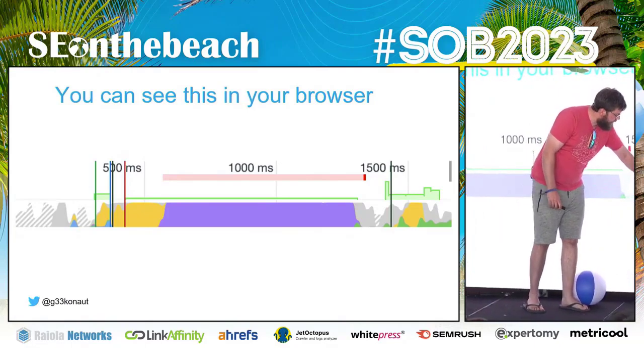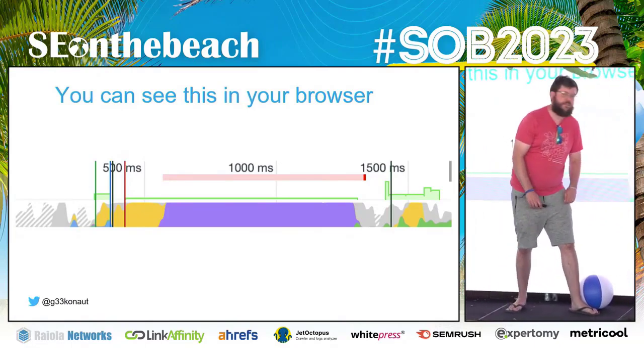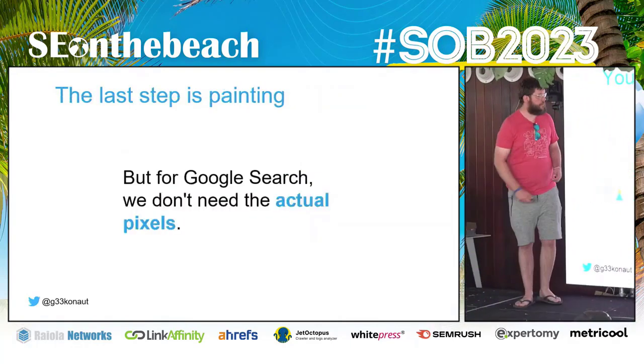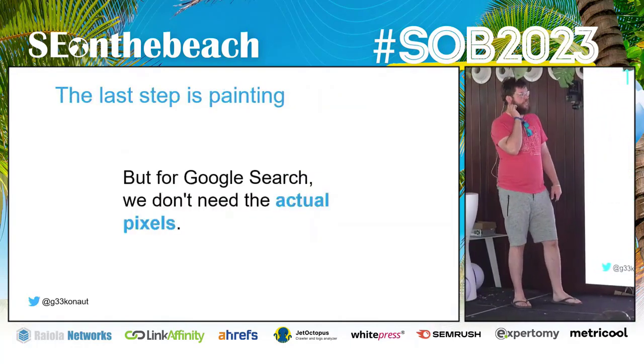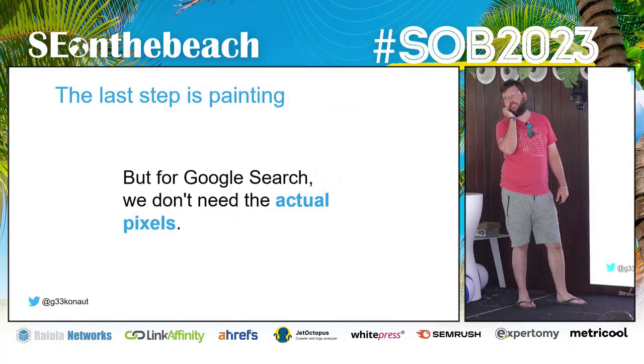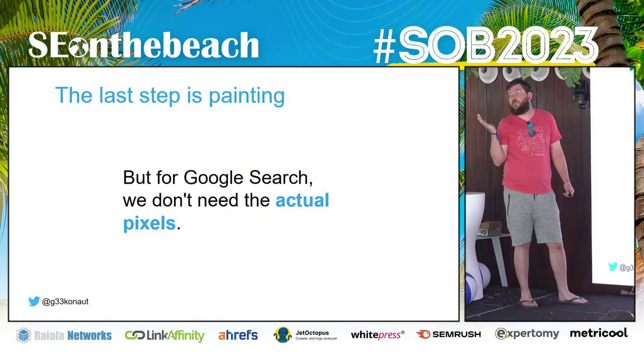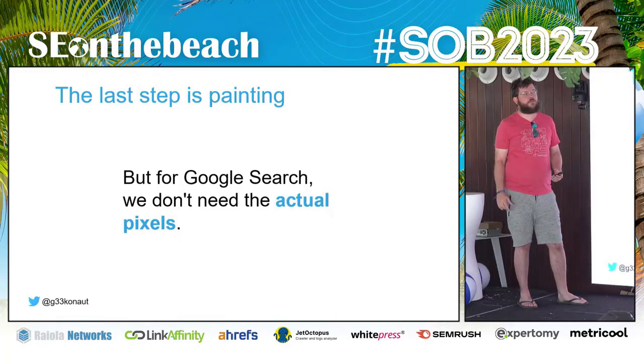And then here, the green peaks, that's when it actually paints stuff onto your screen. Not that we care too much, to be honest. The interesting thing about painting and the green thing is, why didn't I mention this before? Because we don't care. Google search does not need to put anything onto pixels. Why? What for? Everyone's like, oh, I need a bigger screenshot in Google Search Console.